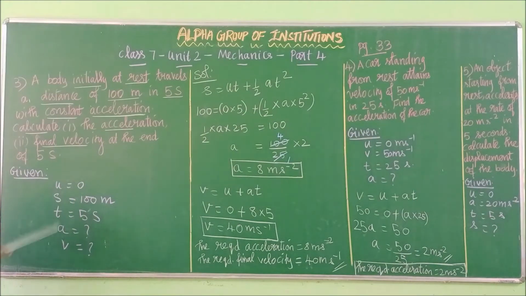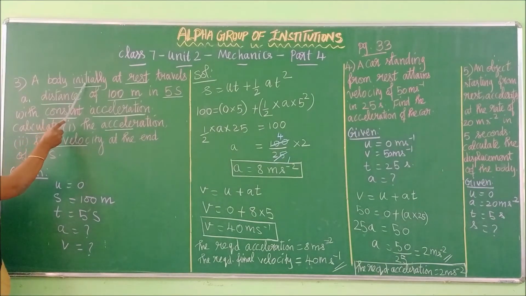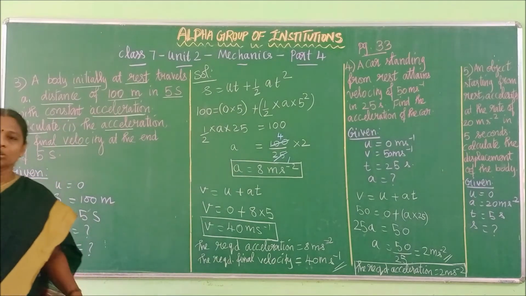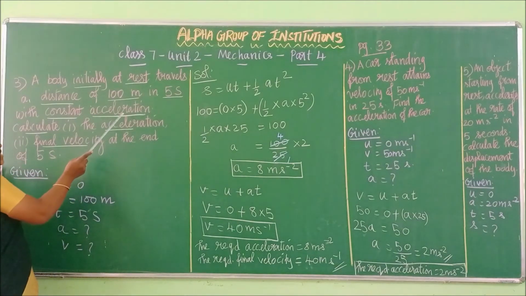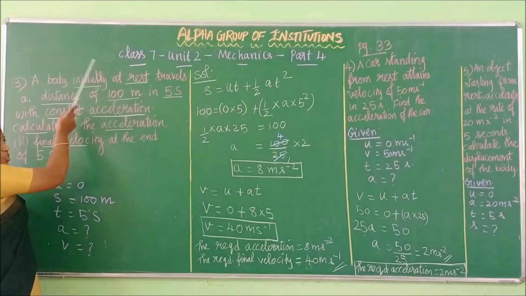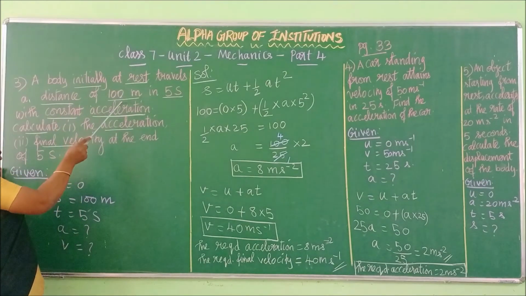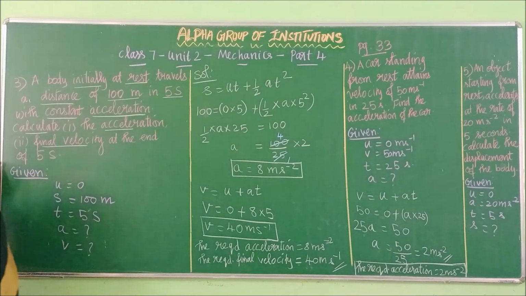So now, given: initially the body is at rest. It doesn't move. So initial velocity u is 0. 100 meter. Meter is the unit for displacement. Here, acceleration is given, so we go with velocity and displacement.